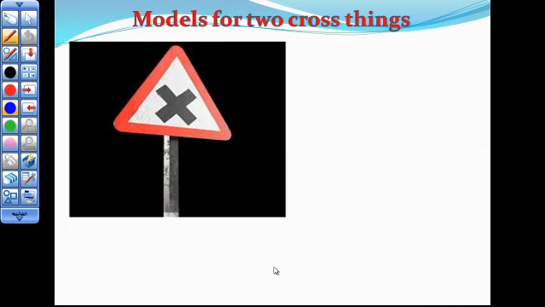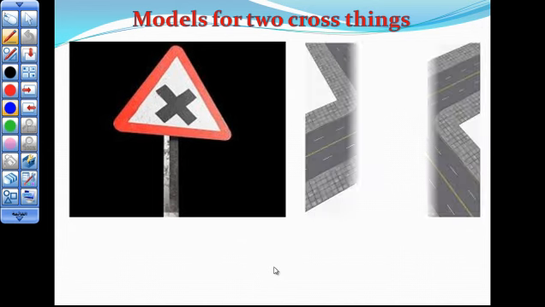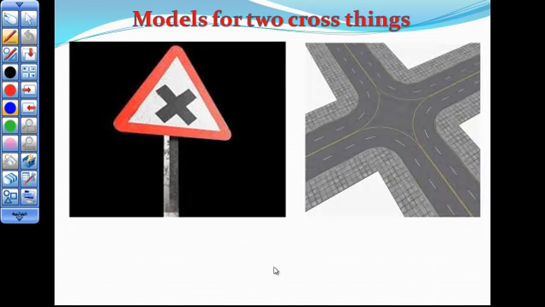Let me show you two crossways. Yeah, I understood now. Look, this symbol means I will find two crossways. Oh, like these two ways.